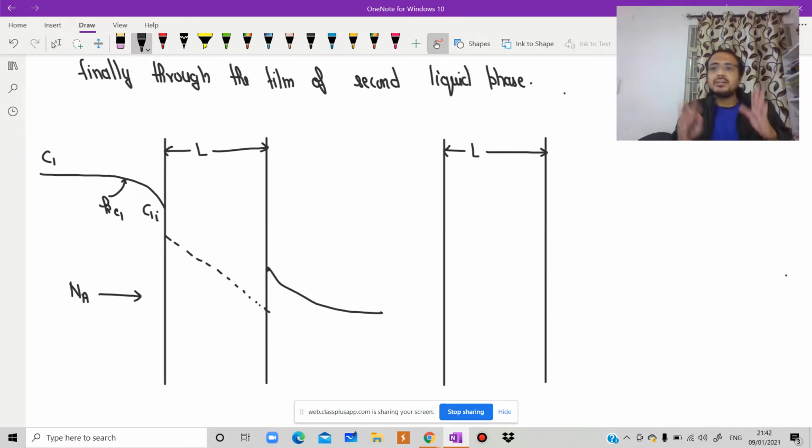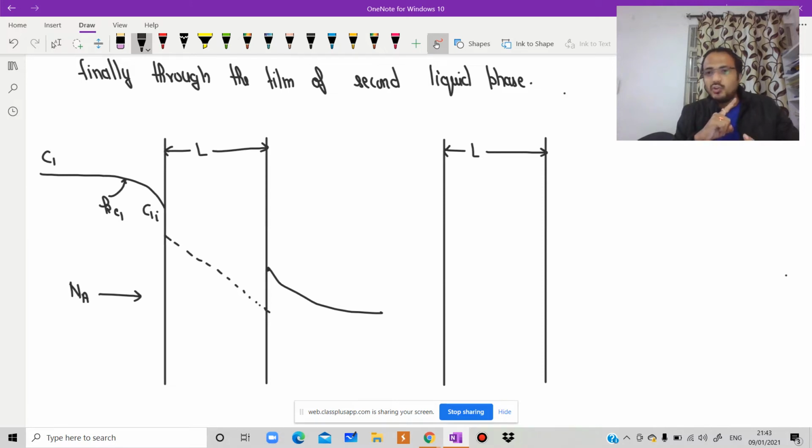And please revise the diffusion section of mass transfer also. I told you at that time some students were saying, sir, diffusion in solids is not in our GATE syllabus, but we covered it all. There are two types of diffusion in solids. The first one follows Fick's law, and the second one is for porous solids. Remember that formula, DAB effective is equal to, in which we had the tortuosity factor and porosity.